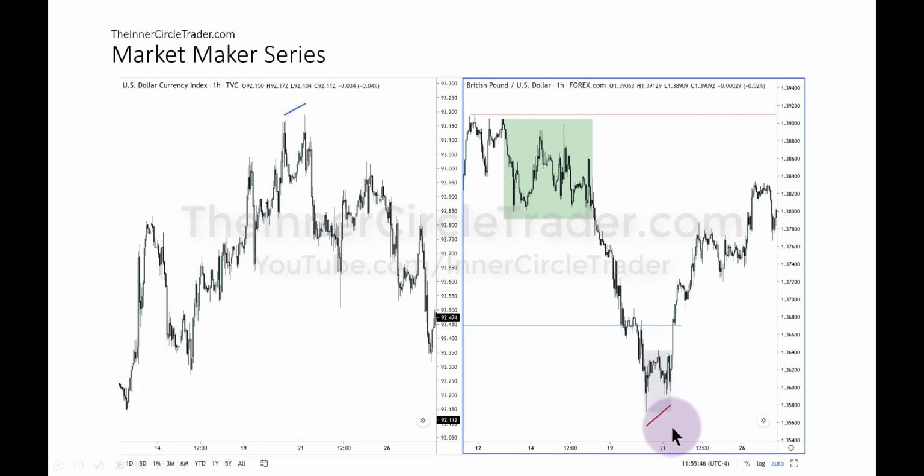This should have went to a lower low than this one. It didn't. But because it didn't do that, and we're below those relative equal lows on the daily chart on cable, this was accumulation of longs. The algorithm is signaling to interbank traders this is going to go higher. Not because of buying and selling pressure deficiencies, but because it's being controlled and manipulated.